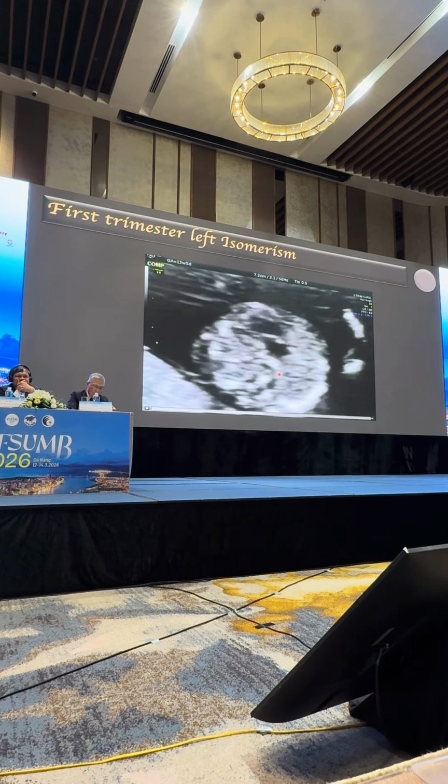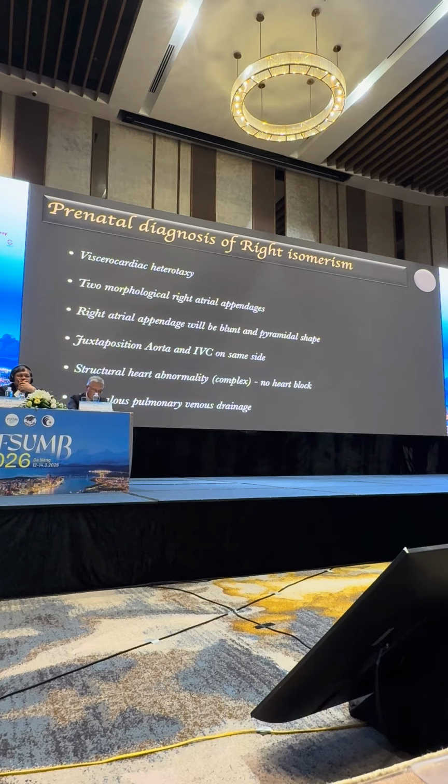Now coming to the prenatal diagnosis of right isomerism, as I said, it is again associated with the situs being ambiguous. Two morphological right atrial appendages, that means there will be pyramidal shaped or dome shaped, blunt appendages, and then there will be juxtaposition of the aorta as well as the inferior vena cava. So when you do the upper abdominal section, you find that both the aorta and the inferior vena cava are on the same side and are usually adjacent to one another.